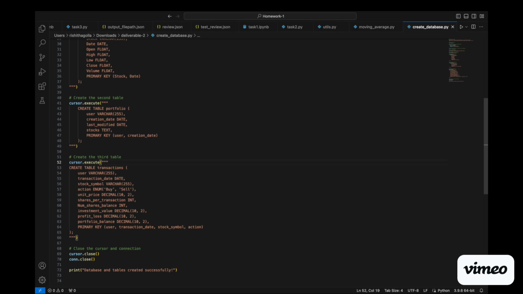Here we updated the create_database.py file. We added a new table to the lab3 database, which is the transactions table. You can see from line number 52.